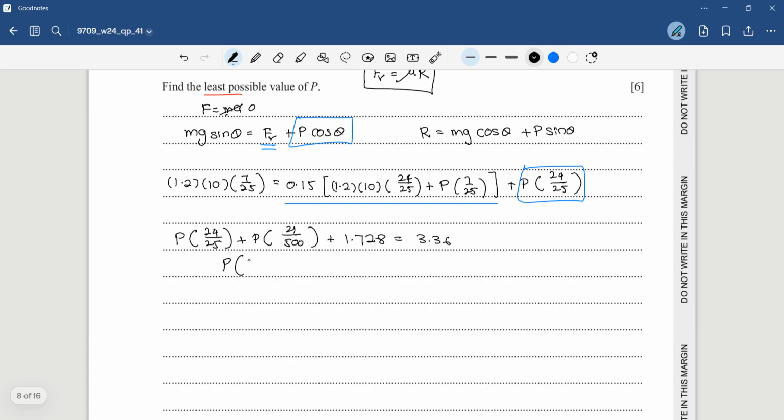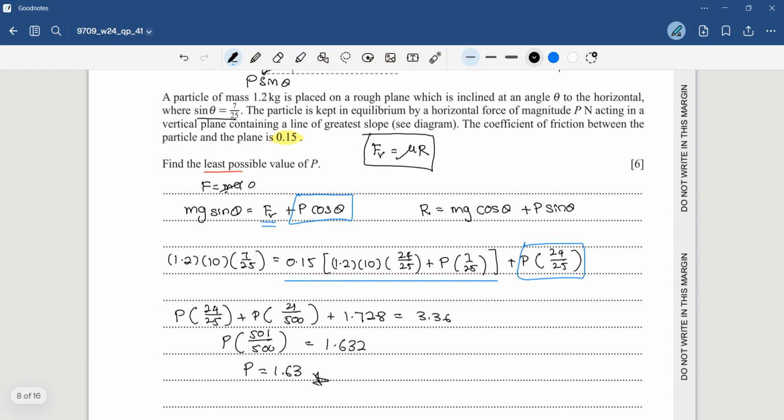So P 501 over 500 is equal to 1.632. Therefore, my P is equal to 1.63, correct to three significant figures. Okay, so that will be the least possible value of P for it to be in equilibrium.